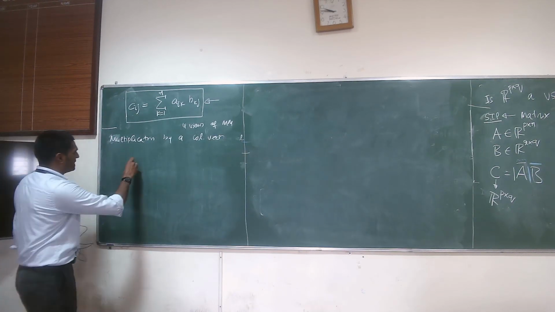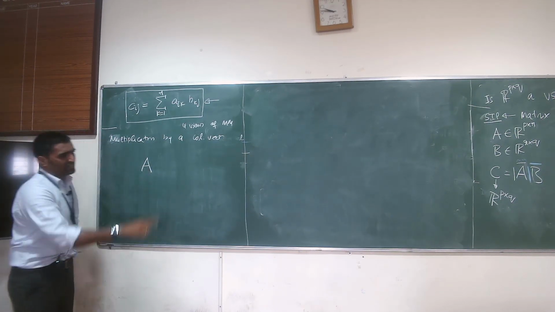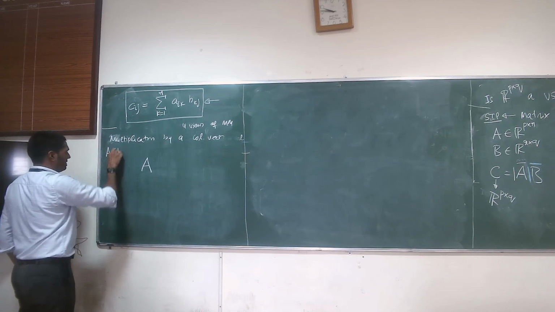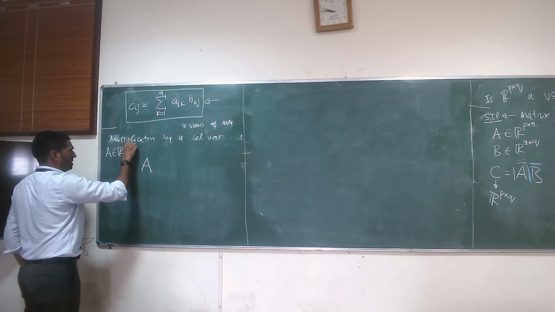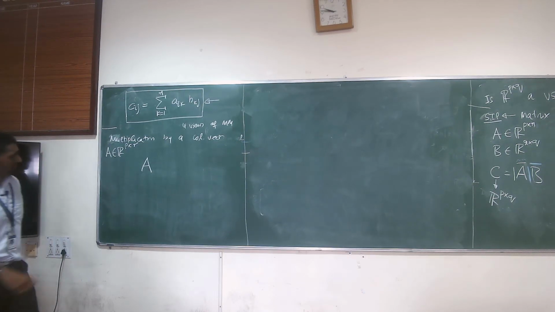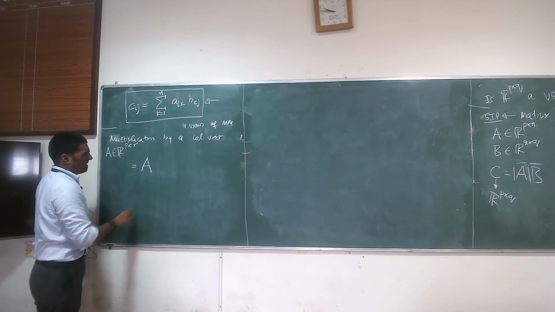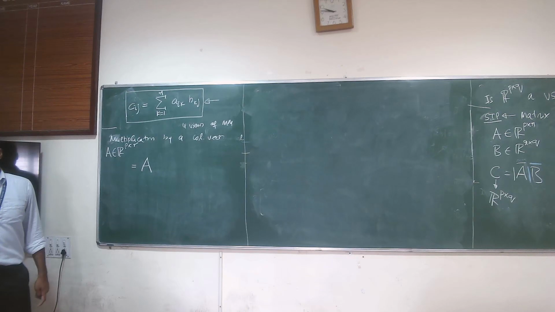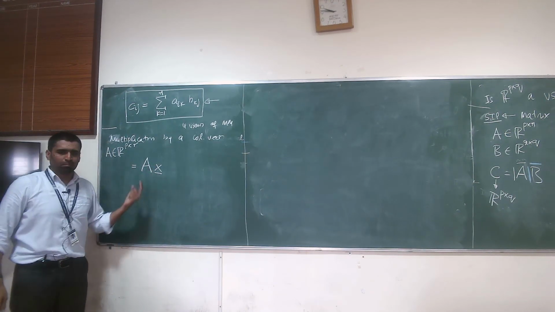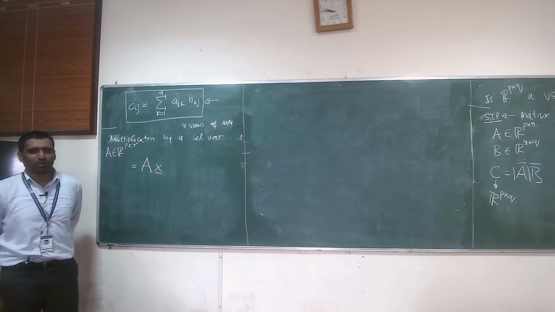Let's say I have a matrix A. For now, we'll assume it's P cross R. I want to multiply it by a column vector X. What should be the shape of X? What am I allowed to choose?